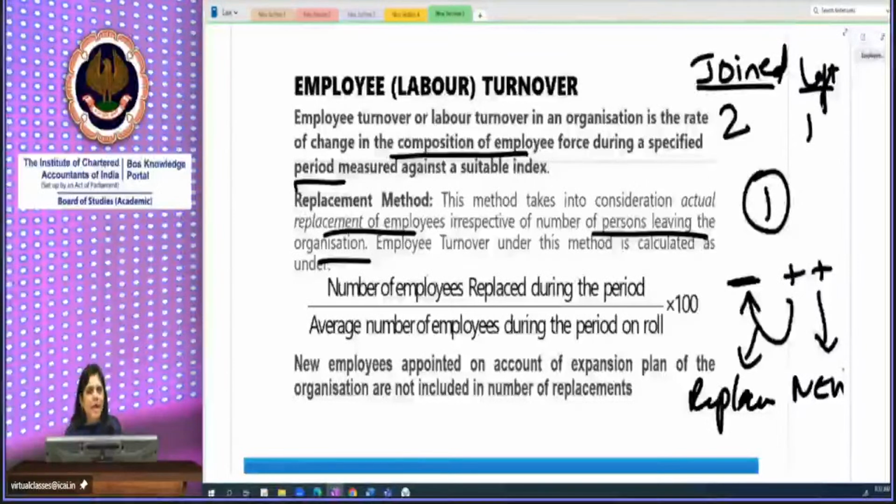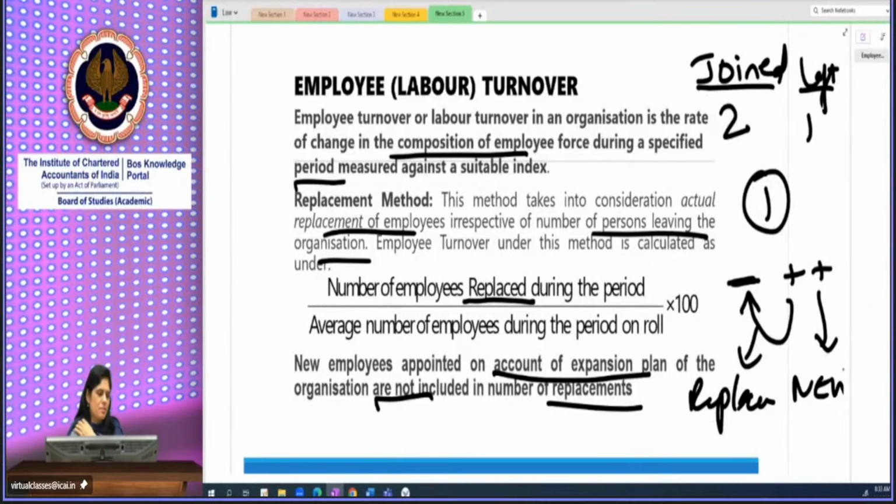But if nobody has left and one person has joined, that is not replacement. So replacement is the number of employees who have been replaced, that means in place of the person who has left. New employees appointed on account of expansion are not replacements. They are just new joinees, new posts. Clear? So that is additional recruitment, not replacement. I hope you have understood this.